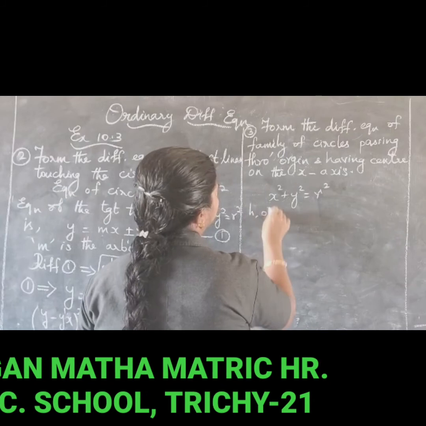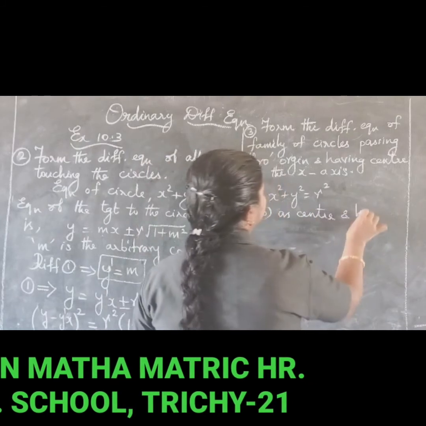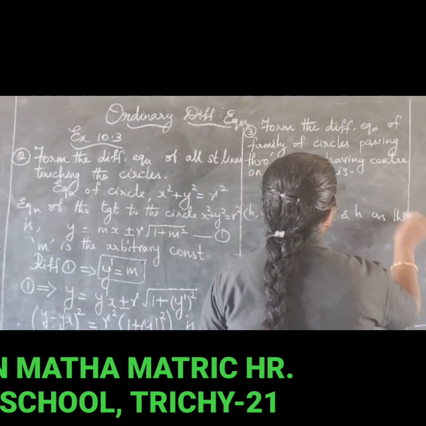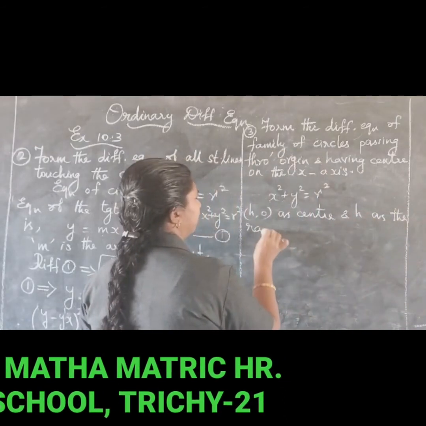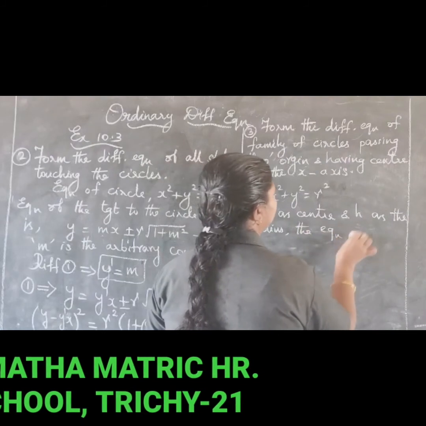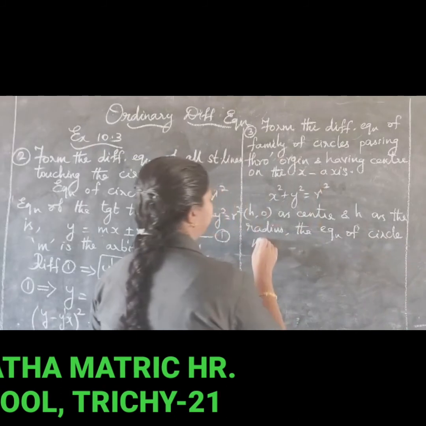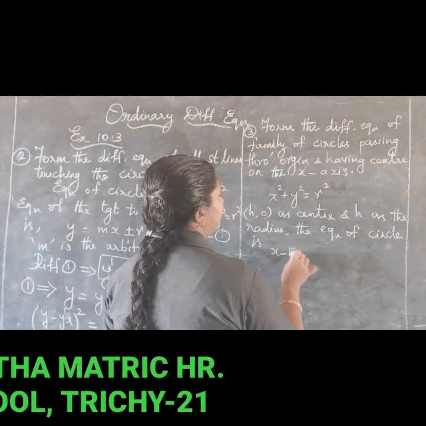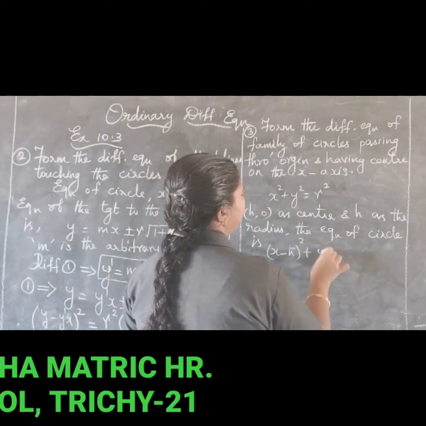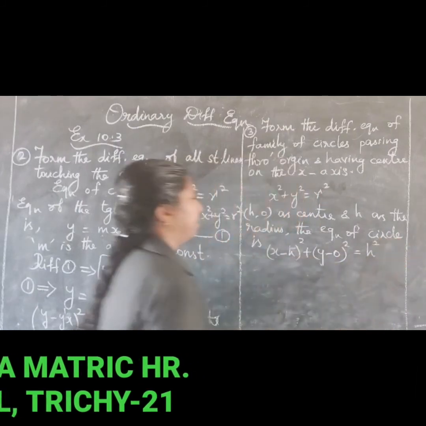With h comma 0 as center and h as the radius, the equation of circle is x minus h the whole square plus y minus 0 the whole square is equal to h square.